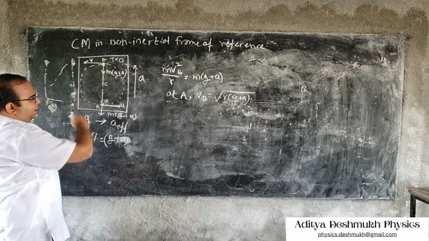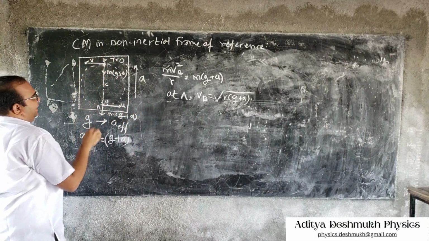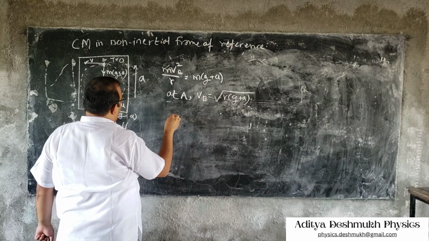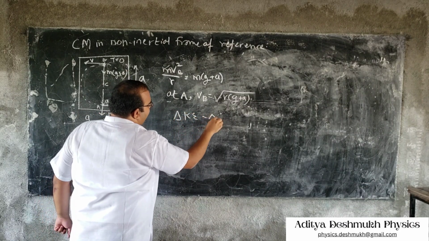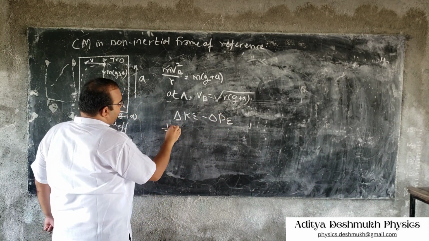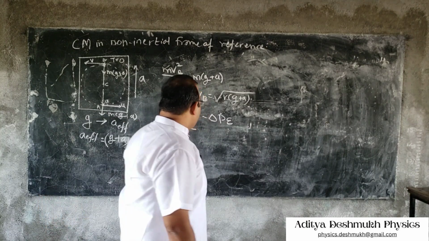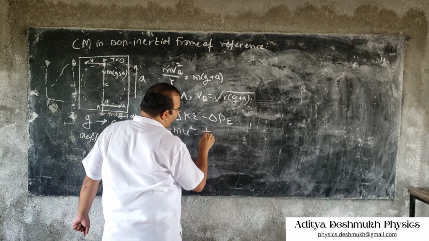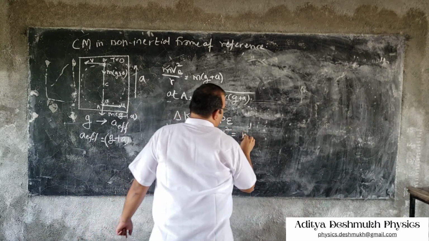Now I can apply conservation of mechanical energy between points A, B and E. So delta KE will be delta PE: half m u square minus half m v square will be equal to m.